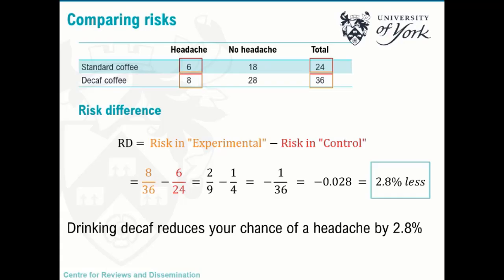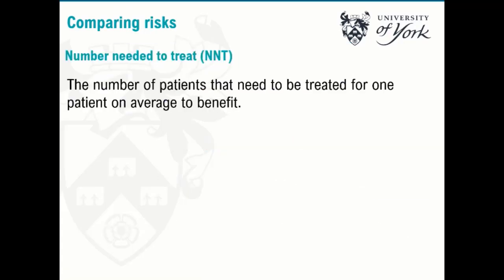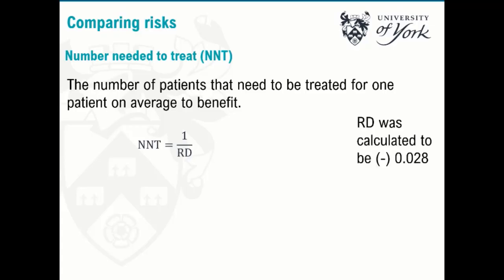We can also calculate the number needed to treat, which is the number of patients that need to be treated for one patient on average to benefit from a treatment. The number needed to treat is 1 divided by the risk difference. In the previous slide, we calculated risk difference to be 0.028.